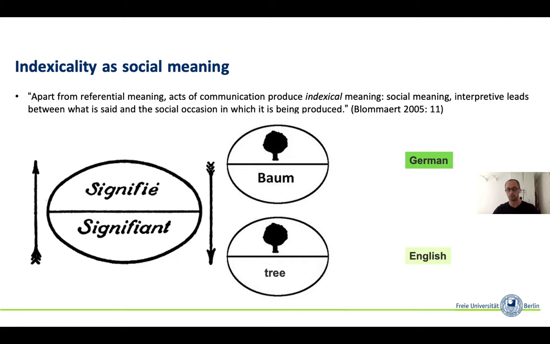So there is not only the referential meaning of whatever we say, so what we want to say, or the pragmatic meaning, what we want to achieve by what we say, but there is also indexical meaning of what we are saying, the social meaning, how it gets interpreted and what the connotations of whatever we're saying are.